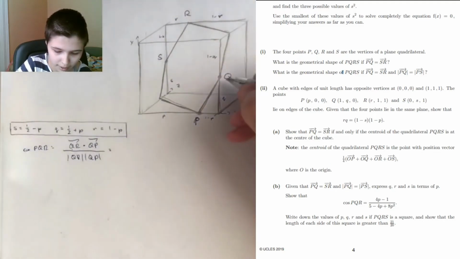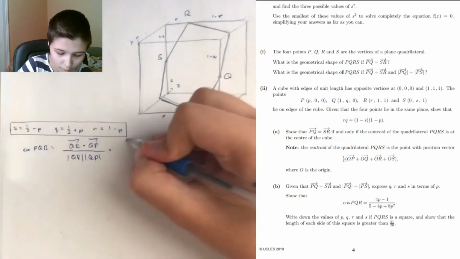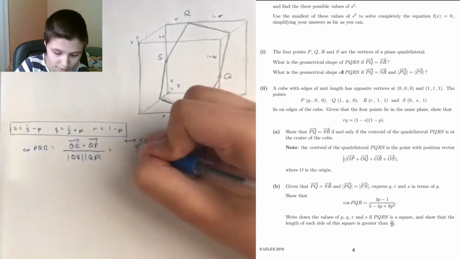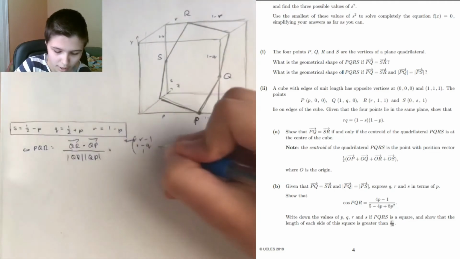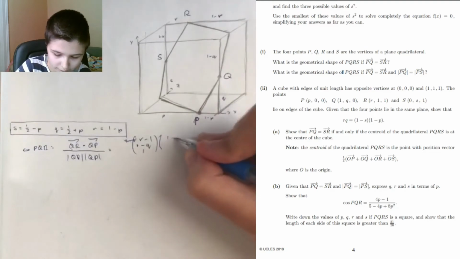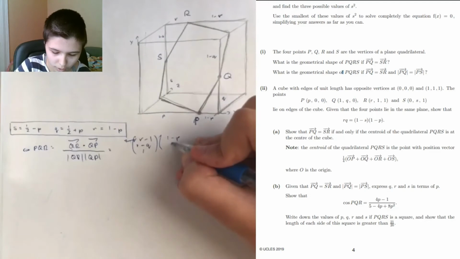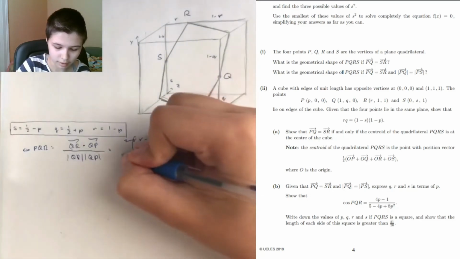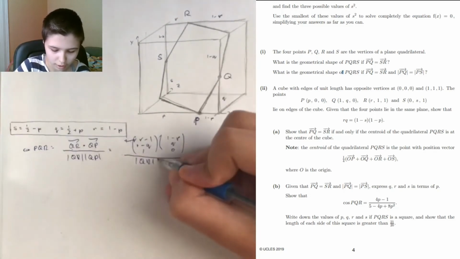That's going to be R minus 1 in the X direction, in the Y direction is going to be 1 minus Q, and in the Z it's going to be 1. And then QP is going to be 1 minus P in the X direction, Q in the Y direction, and 0 in the Z direction, then divided by QR times QP.